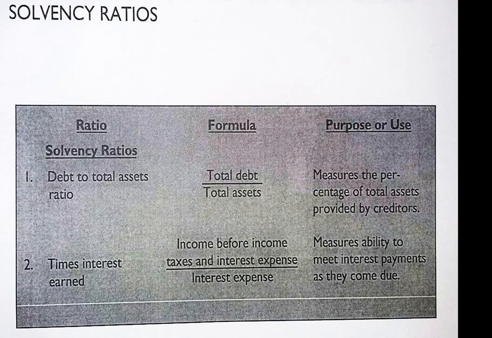The times interest earned is an indication of the company's ability to meet interest payments, and the debt to assets ratio indicates the company's ability to withstand losses without impairing the interest of creditors.